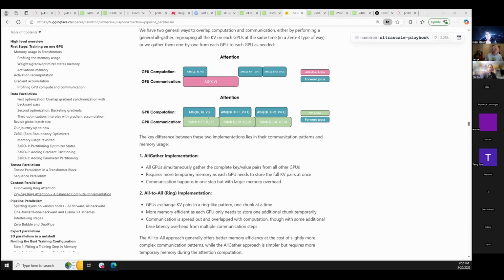So you're right, Roger, it's probably not the communication. I was probably misunderstanding. It's probably more the memory savings for dramatically large context length. For 4,000, I don't think people bother with this. Yeah, that makes sense.